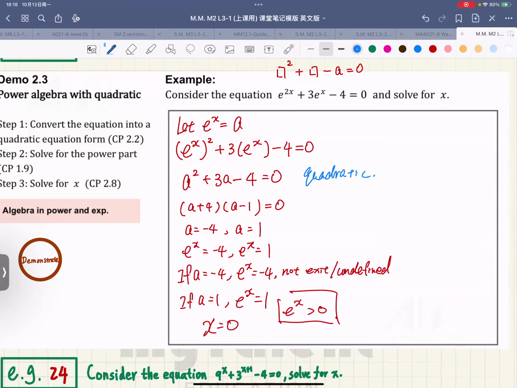And then we factorize, and then we solve, and then we find the final answer. All right, that's the general process, right?